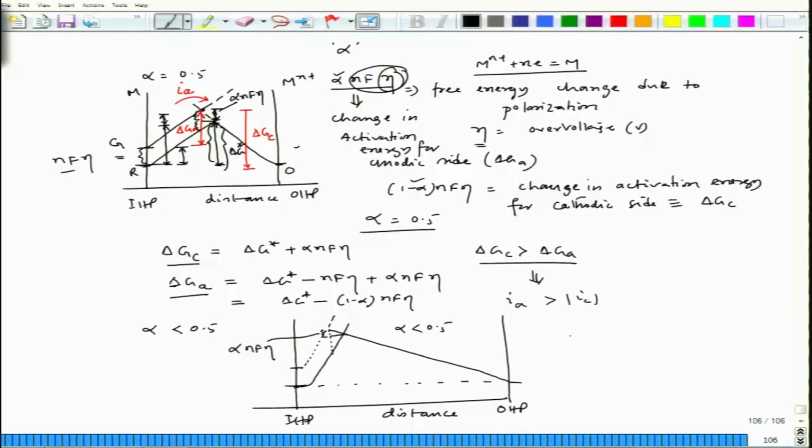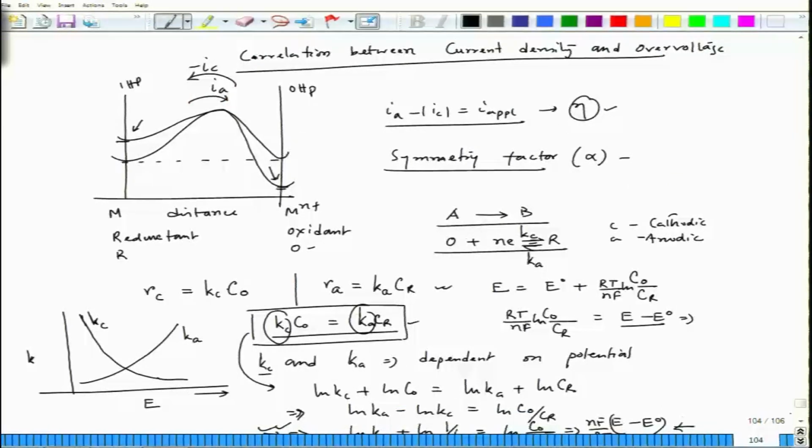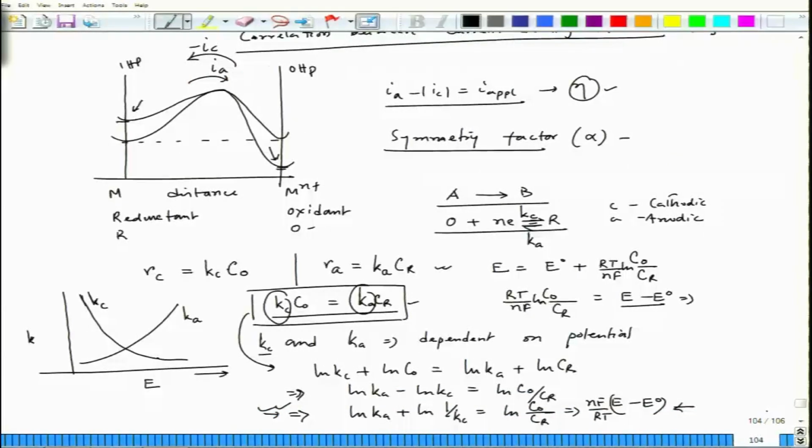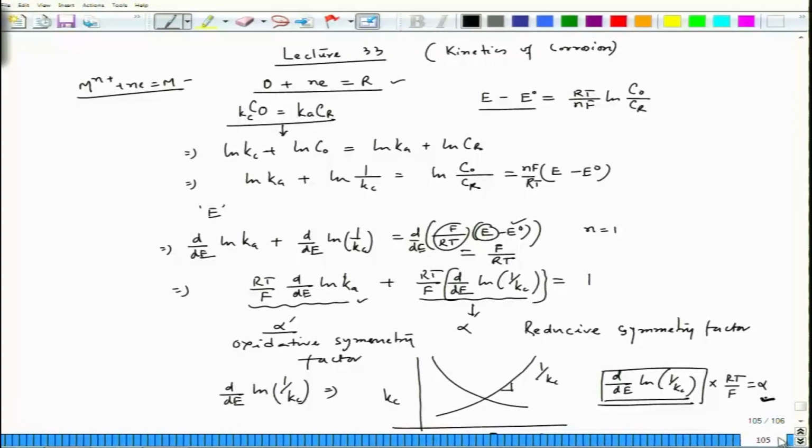And interestingly, if we see the expression for alpha, it is this one.